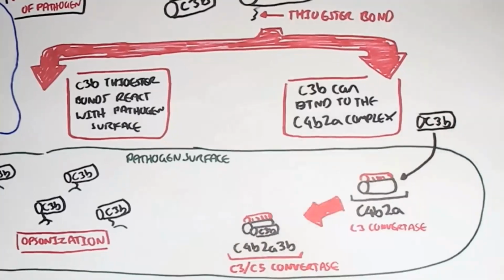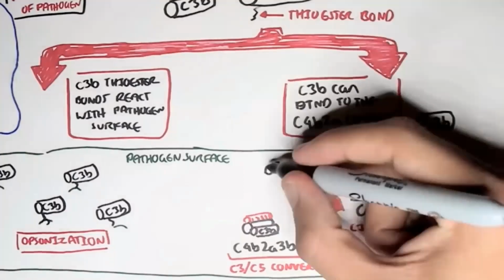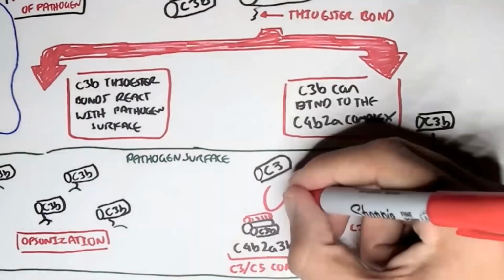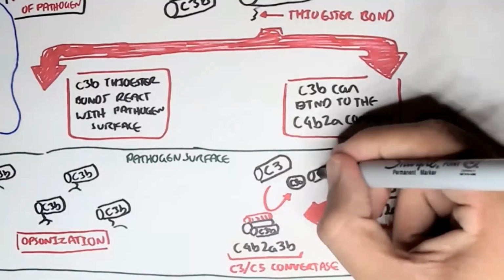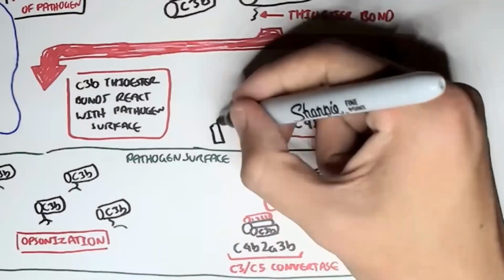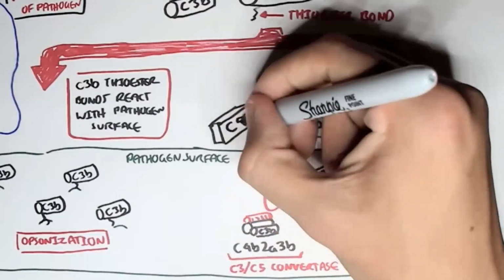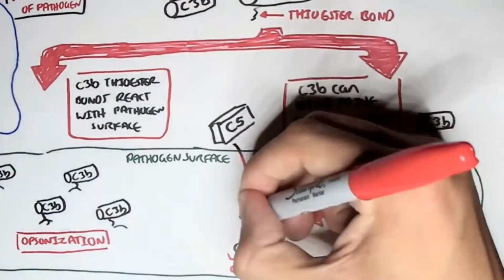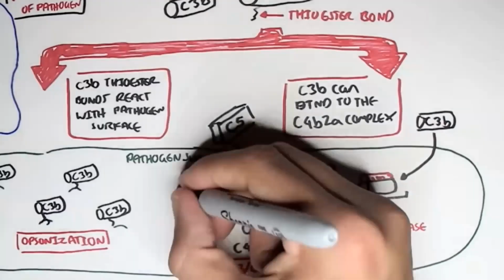And so this C3-C5 convertase can do two things. It can still split or activate C3 to form C3a and C3b. And now it can also cleave and activate C5 to C5a and C5b.